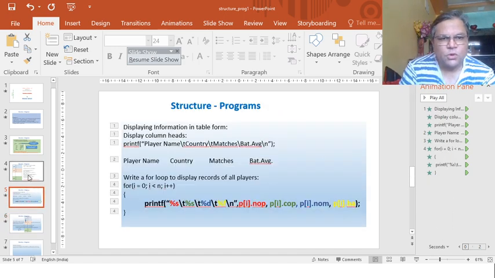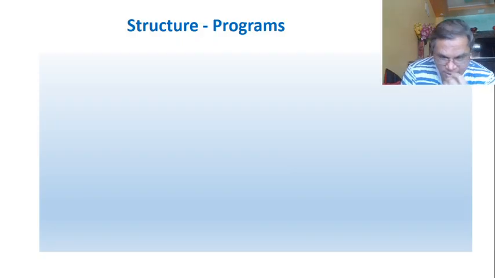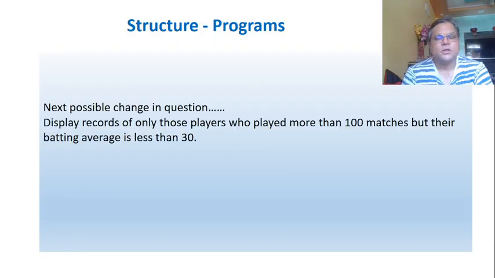So what we wanted to do now, after being able to read and display the records in a table form, we will take up the next possible change in the question. What they can change in the question is, they may ask you to display records of only those players who played more than 100 matches but their batting average is less than 30.